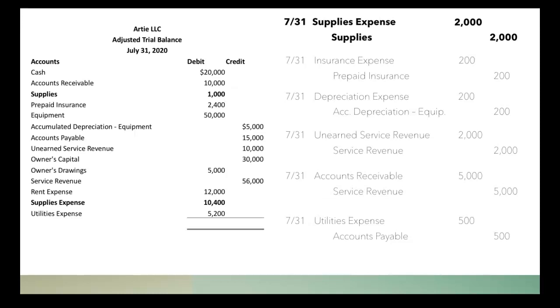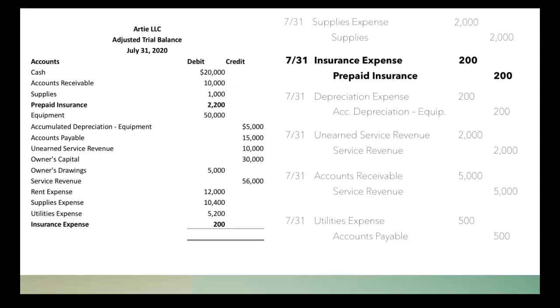So that means that you didn't have that account previously. There was no balance in your insurance expense account. So what we need to do is we just add it on the bottom. So we put our insurance expense of $200. And then you can also see the prepaid insurance balance changed as well.